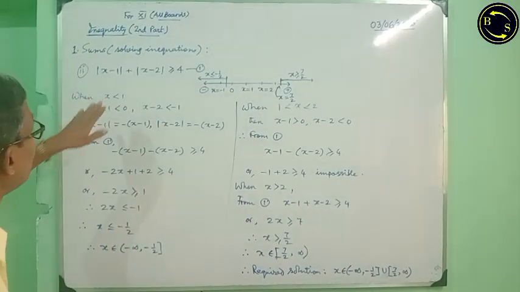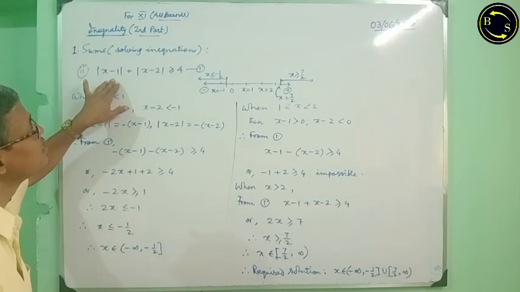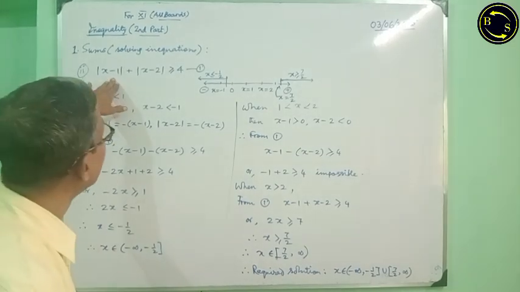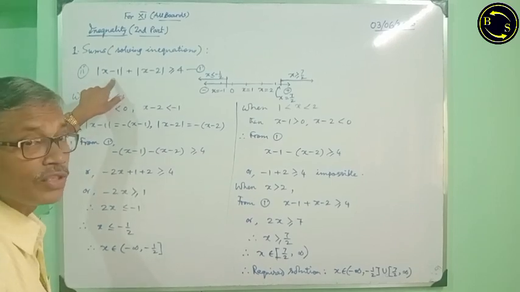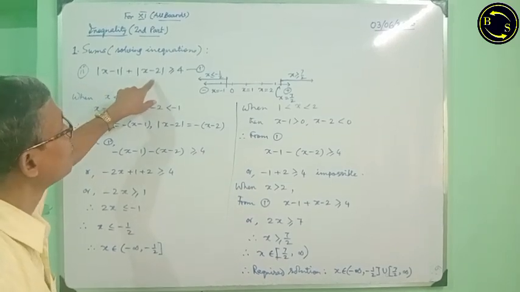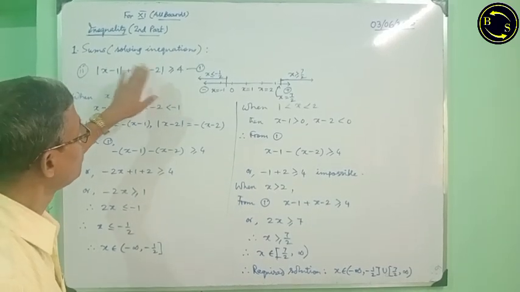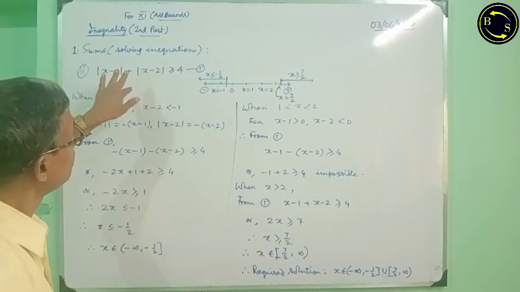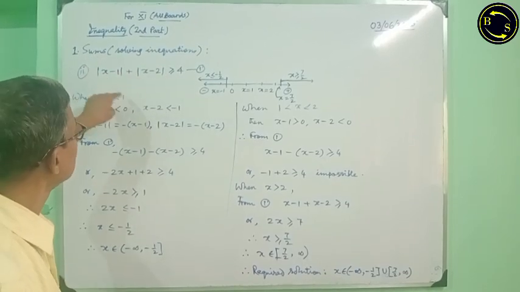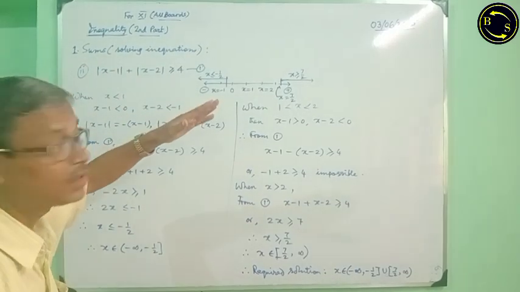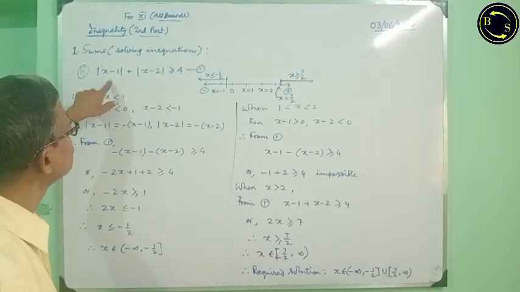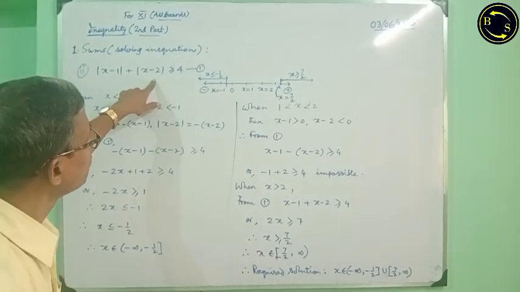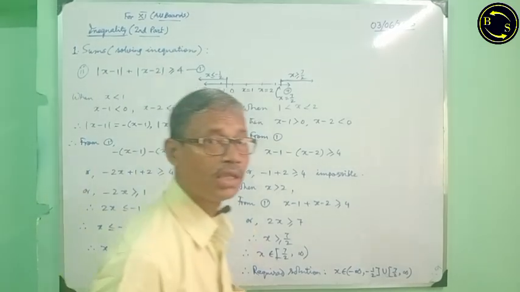Now, one thing, for x equal to 1, the left hand side will be 0 plus 1. That means left side is 1. That means x equal to 1 is not satisfying. And for x equal to 2, 1 plus 0, that is also not satisfying.